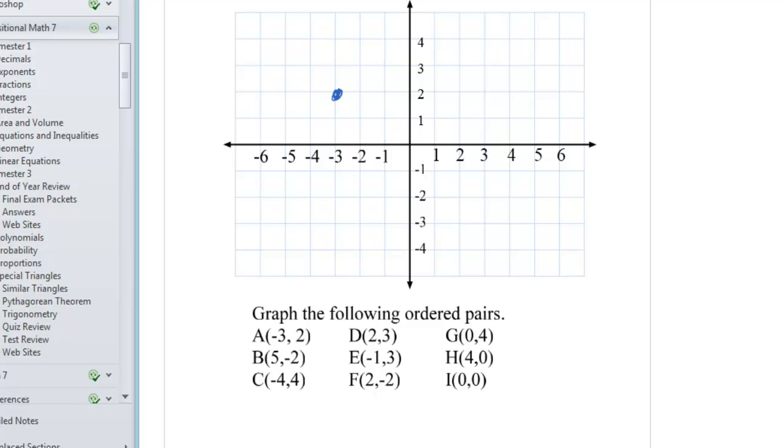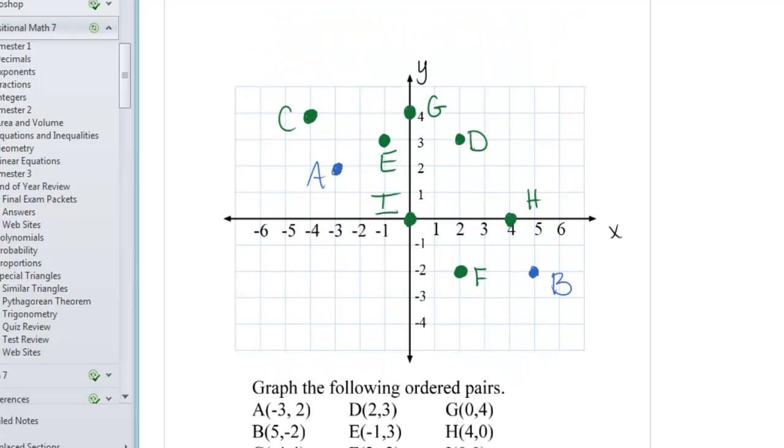So here's our point A. Then for B, we'd go over 5 on the x-axis in the positive direction, down 2 in the negative direction, and then where those intersect right here, this is point B. So notice I'm just showing you a couple of different ways you can do it. All right, so go ahead and finish graphing the rest of these and then check back.